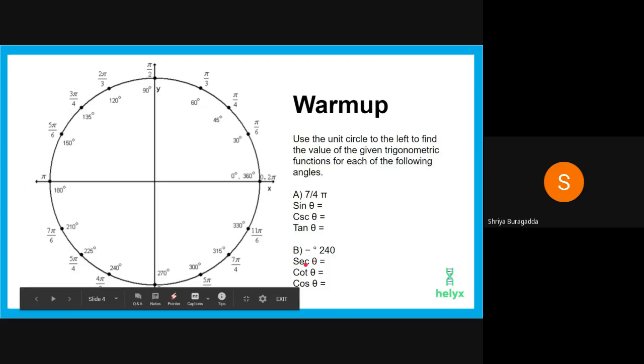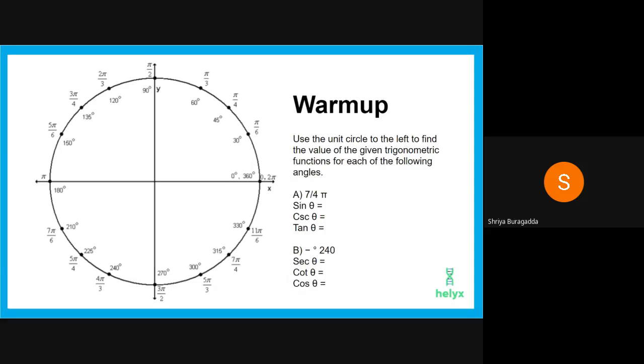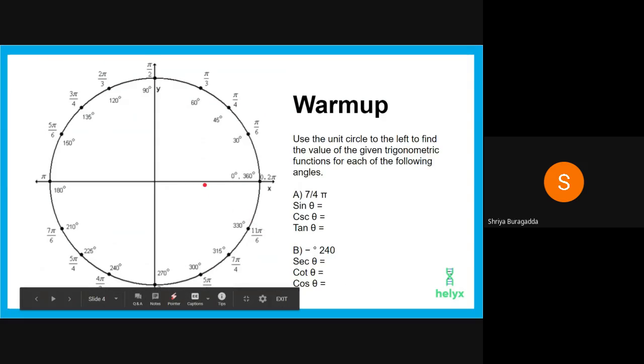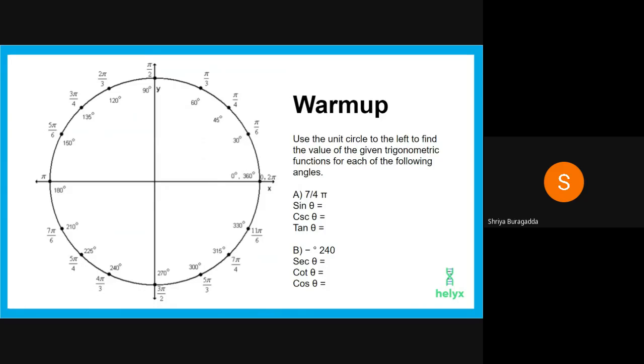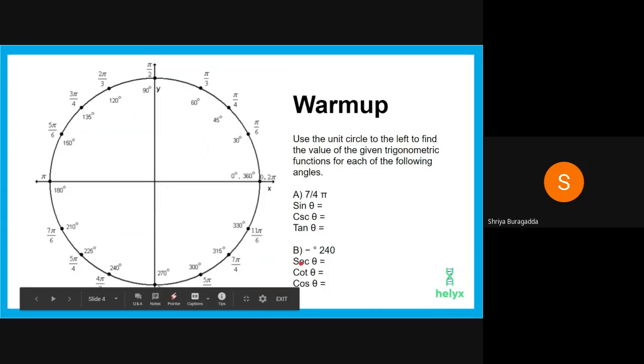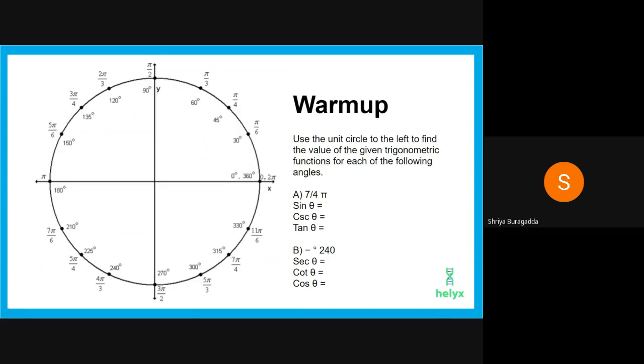And then let's do our secant next. Our secant is 1 over the cosine. We said that the cosine was negative 1/2, so if we find the reciprocal of that, that's just negative 2. And then lastly, for the cotangent of that angle, we have to divide cosine by sine to get the cotangent, because to get tangent, we divide sine over cosine.